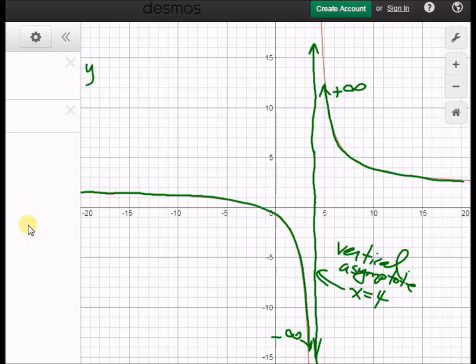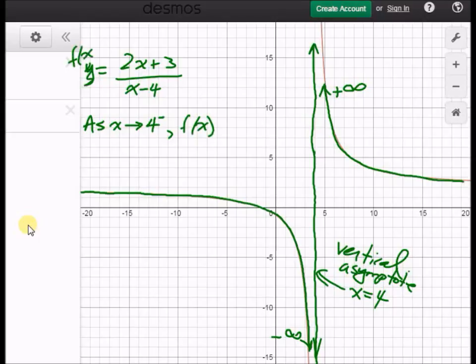So we've got our function, y equals (2x plus 3) all over (x minus 4). As x approaches 4 from the negative side, f of x, I guess we really should call this f of x to use proper notation, f of x approaches negative infinity. As x approaches 4 from the positive direction, f of x approaches infinity.